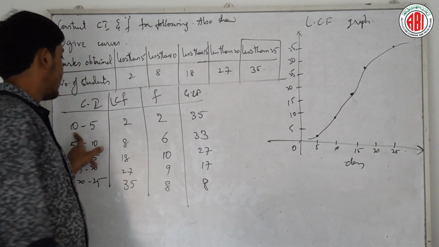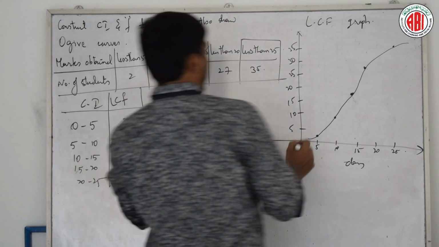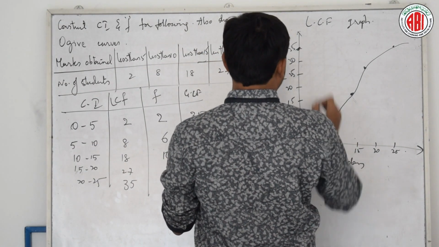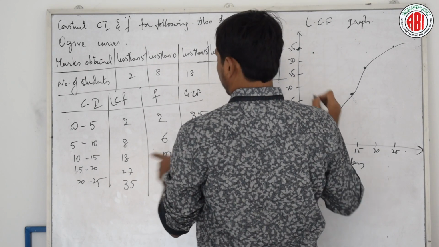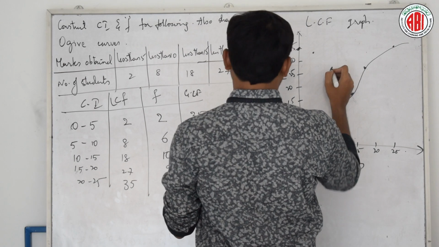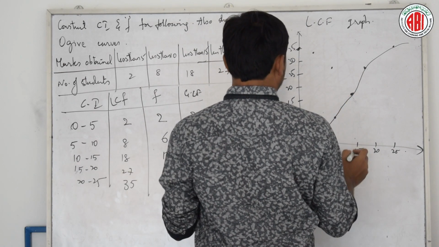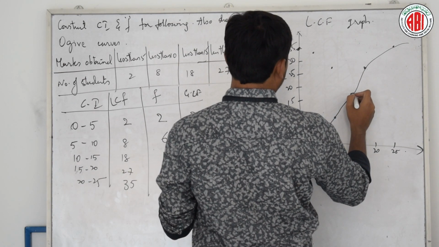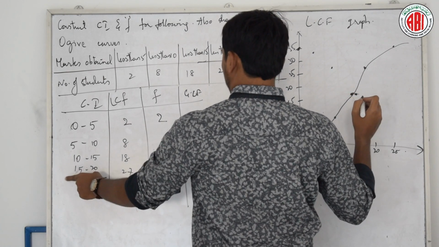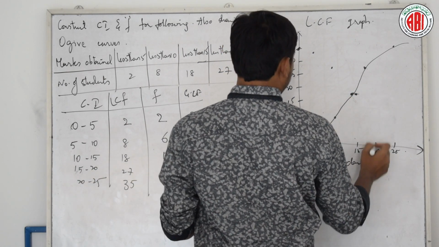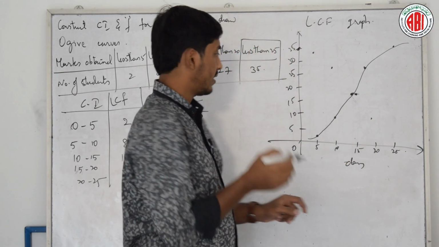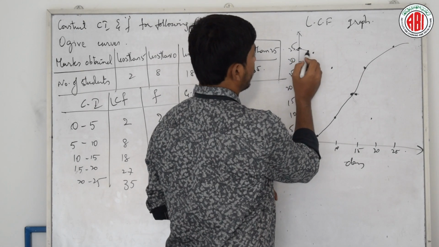Okay, 0 comma 35, x is 0, y is 35, x is 5, y is 33, and the next for 10 it is 27, for 15 it is 17, somewhere here. Next for 20 it is 8. Okay, just draw, we have to join these both.